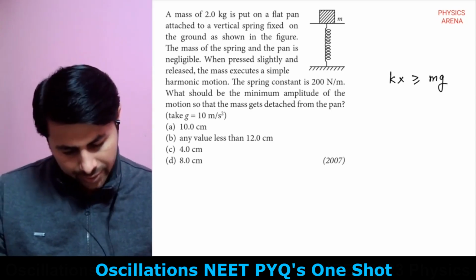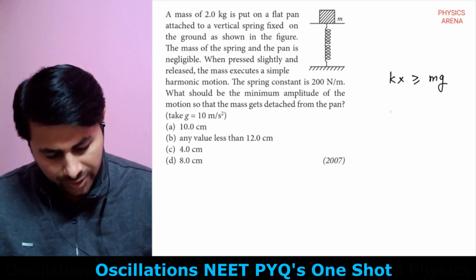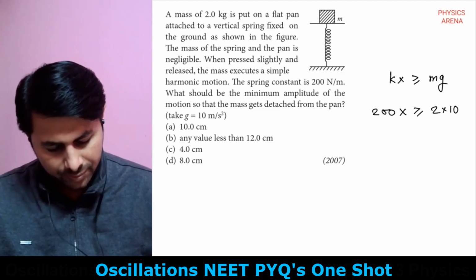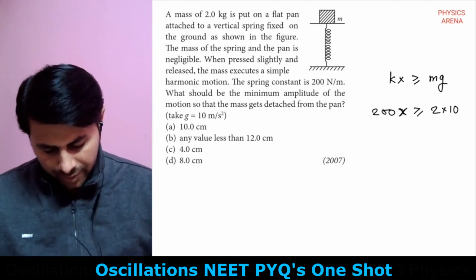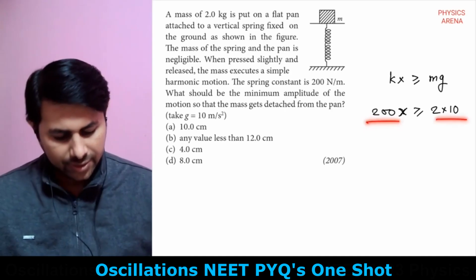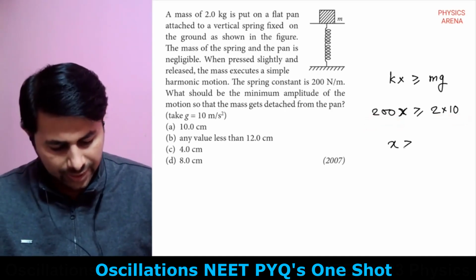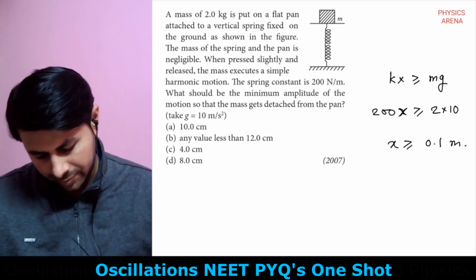So k is 200. We want x only. So 200 times x is greater than or equal to mg. M is 2, so 2 multiplied by 10. So take 200 on the other side. It's 20 upon 200, which is 0.1. So x is greater than or equal to 0.1 meter.